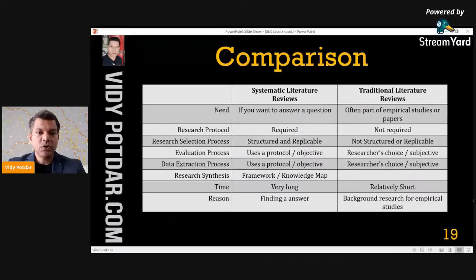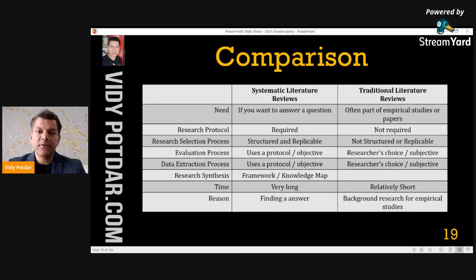Okay. So first of all, on the left side, in the first column, the first cell is the need. What is the need? When you are doing a systematic review, you are actually trying to find an answer to a specific question. That is the fundamental reason for doing a systematic literature review.